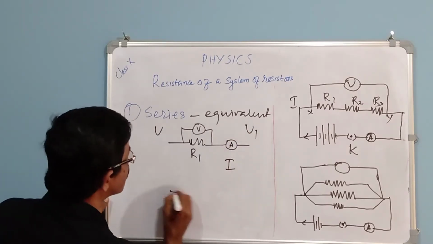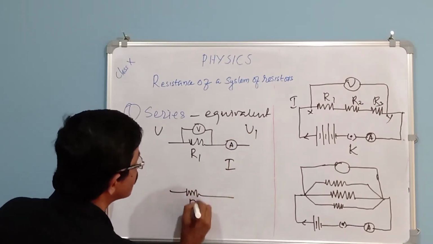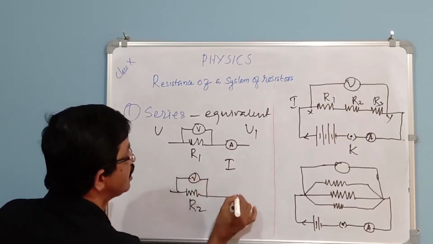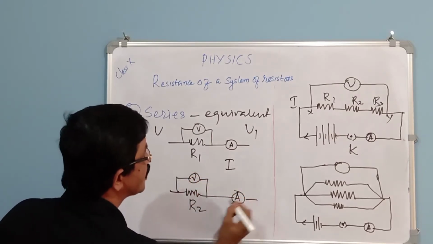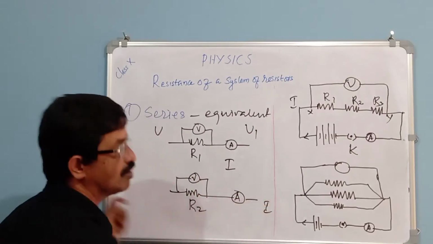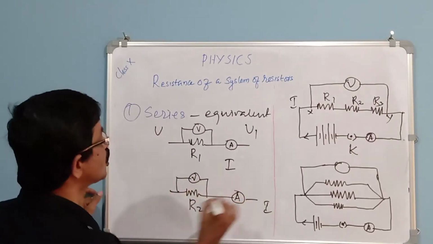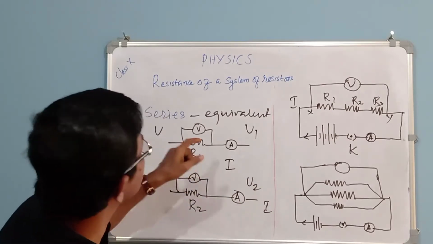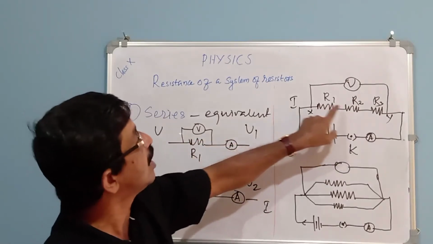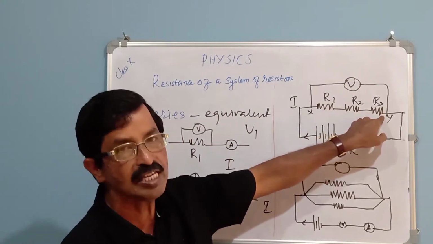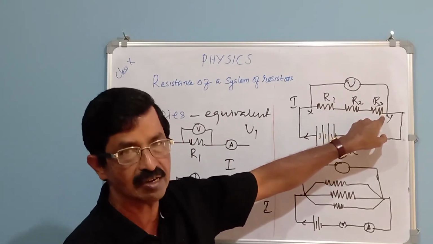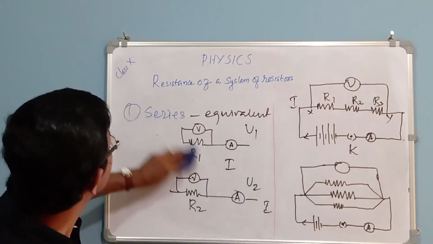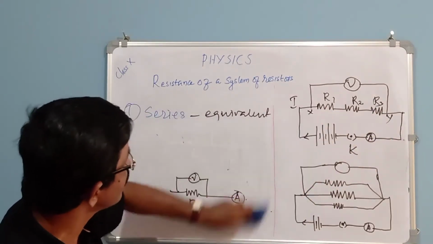Similarly, we find the potential across R2 with a voltmeter in parallel and an ammeter in series. Here also the current is I, but the potential is V2. So the potential differences across R1, R2 and R3 are different, but the current through all of them is the same.